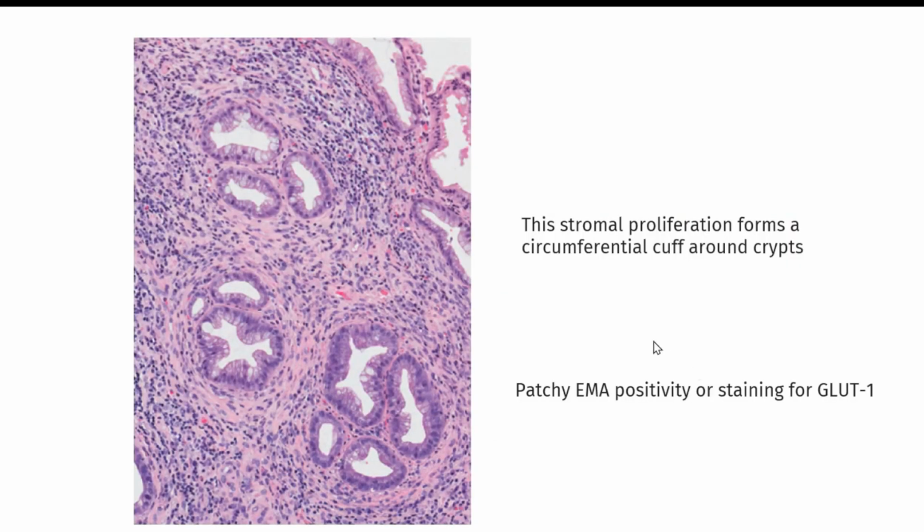And I think from one of the lectures from Dr. Li before, we can see an adenoma maybe in the polyp, and here I think this is that feature, the stromal proliferation forming a circumferential cuff around the crypt. And when you do immunostaining, you will see EMA positive, or even positive for GOT1, just like the perineurial cells in this SSP.